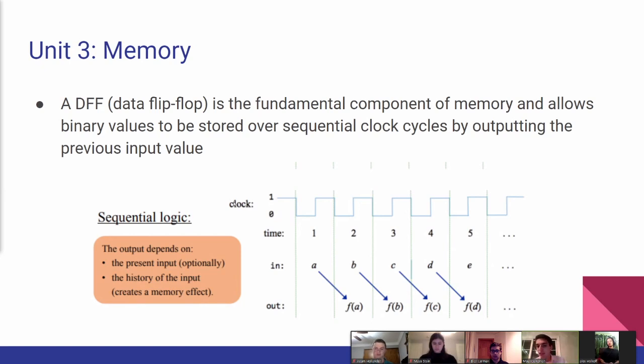So now you can see that this begins to develop a basic method of storing values from previous clock cycles. And then this will enable us to store values in higher levels of memory, such as the RAM and registers, which we will get into on the next slide.